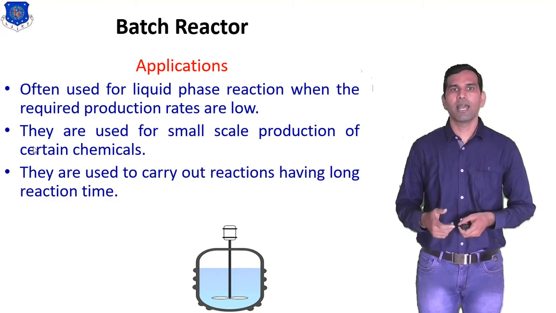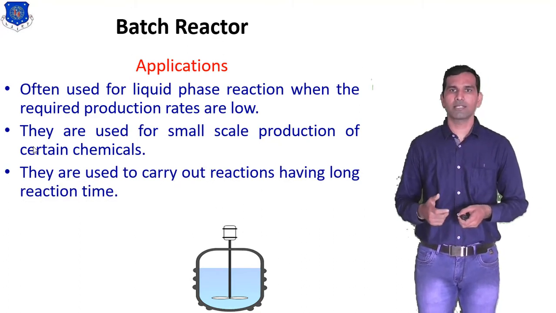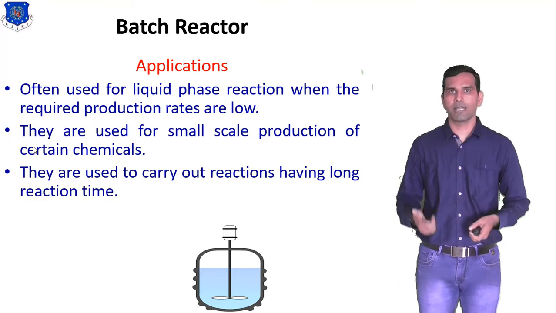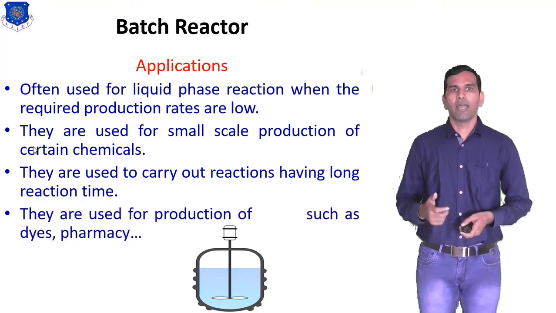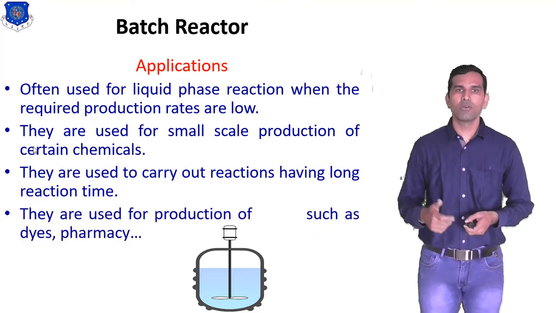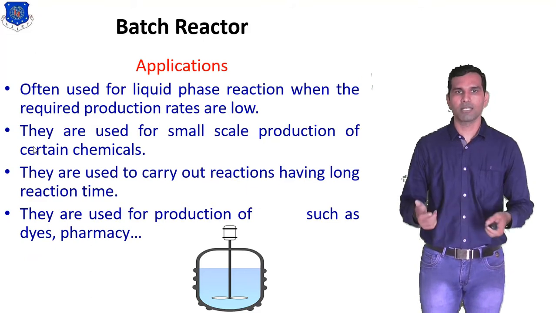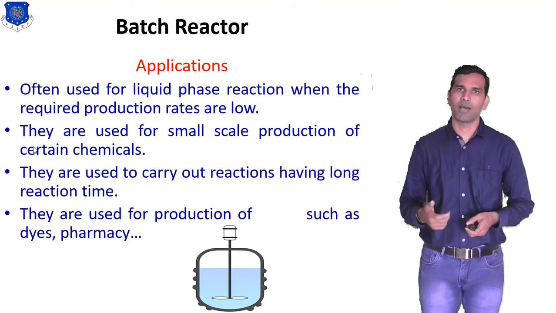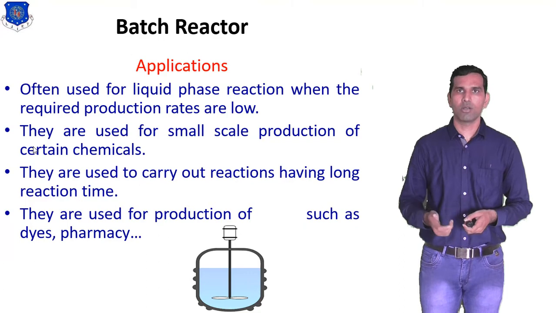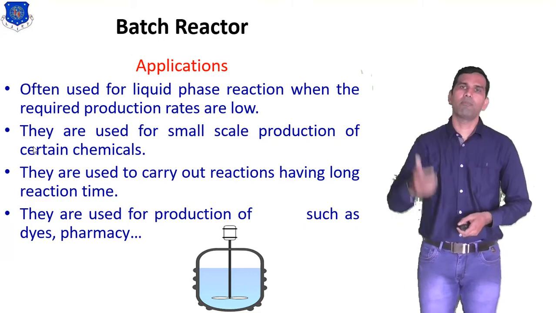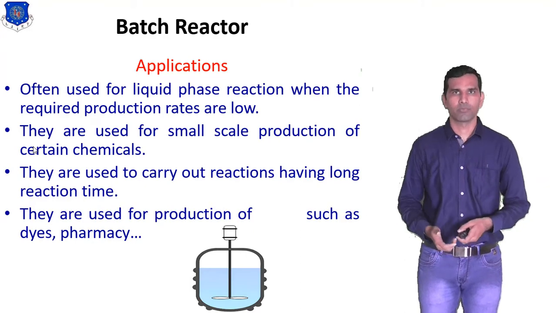Next, they are used to carry out reactions having long reaction time. And last, they are used for production of dyes and pharmaceuticals. So it is also used in the pharmacy industry. These are the applications of the batch reactor.